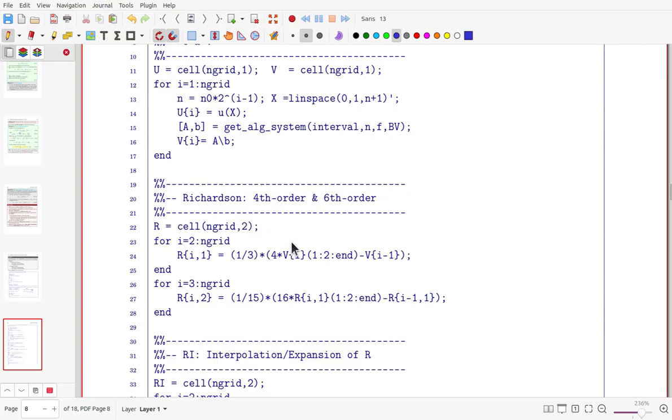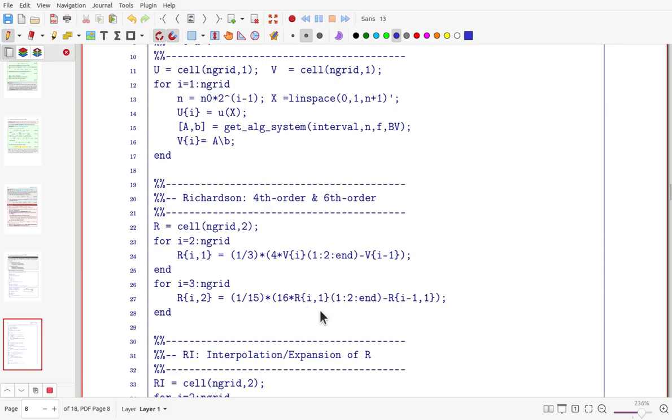Now, in this step, we do Richardson extrapolation. By using the second order solutions, we can get the fourth order one, which is saved into the first column of the cell. And for the second column, we try to get the sixth order.